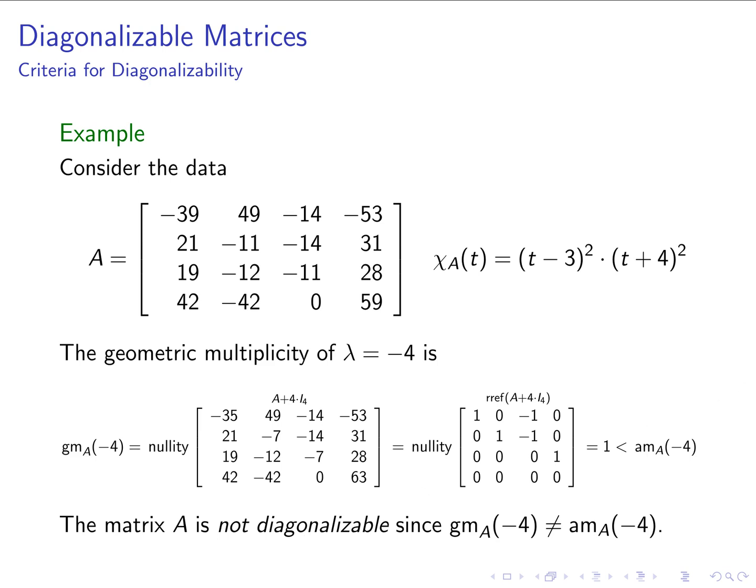So this gives 2 different examples of using our 2 different tests for diagonalizability. In this example, we found that one of the eigenvalues had a geometric multiplicity that was smaller than its algebraic multiplicity, and our test for diagonalizability says that means that our matrix is not diagonalizable.